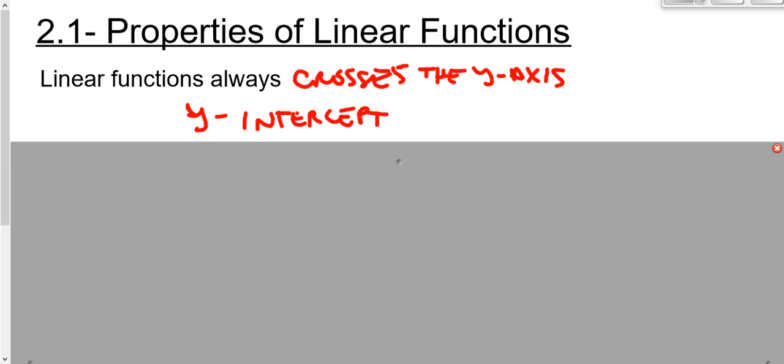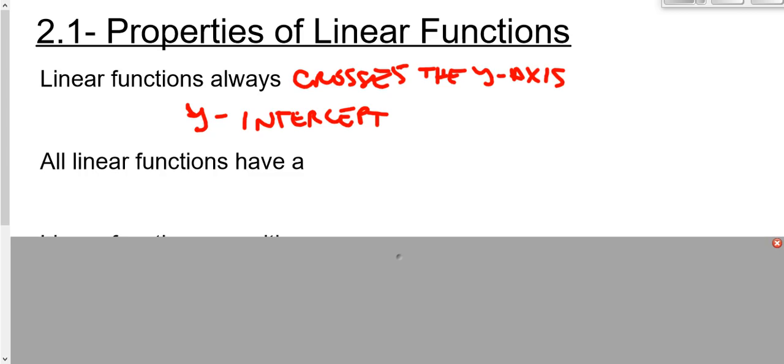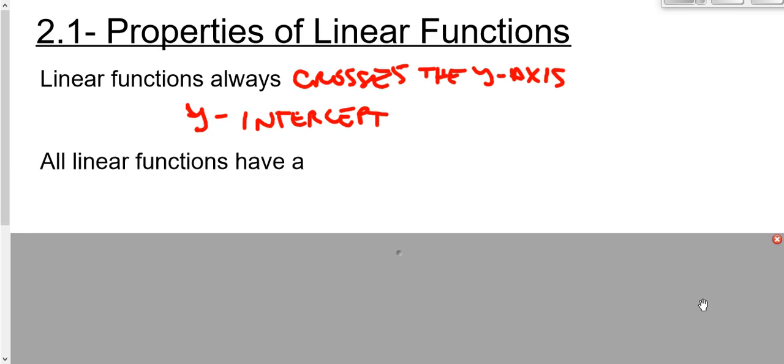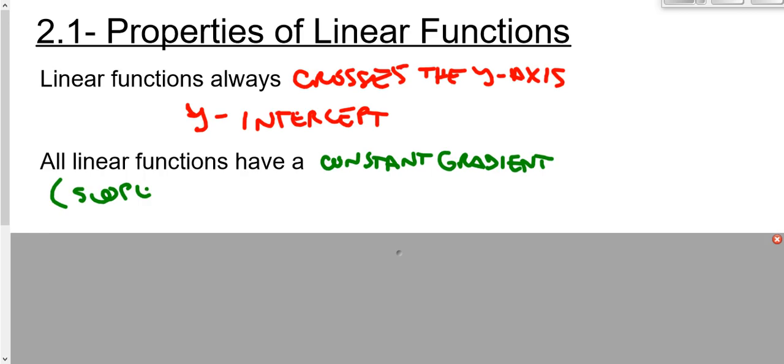Another thing is that all linear functions have a constant gradient. Now remember, gradient means the same thing as slope, which means the same thing as rate of change. So all linear functions have a constant slope.